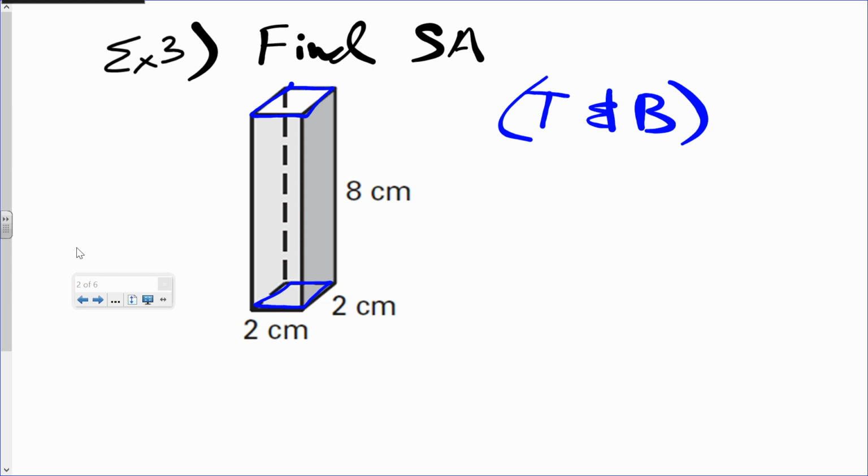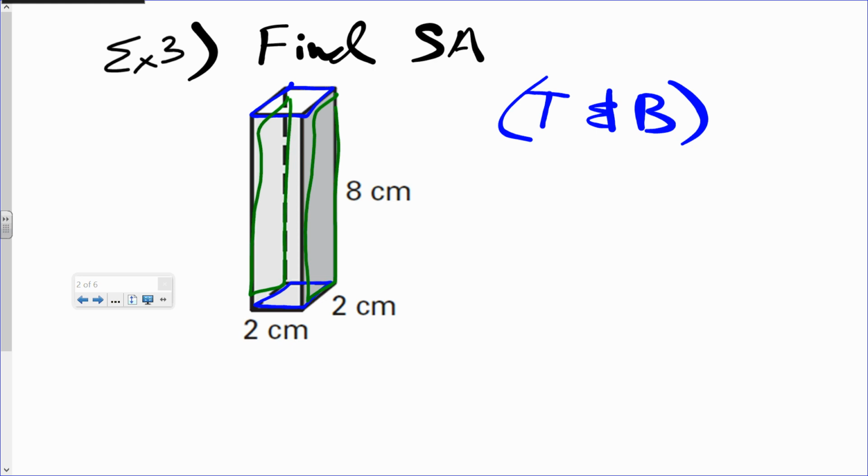What other faces are the same? Left and right. Thank you. What else besides left and right? Look at left and right are right here in green. And the front and back. But if you look closely, the front and back and left and right are all the same rectangle. You guys see that?